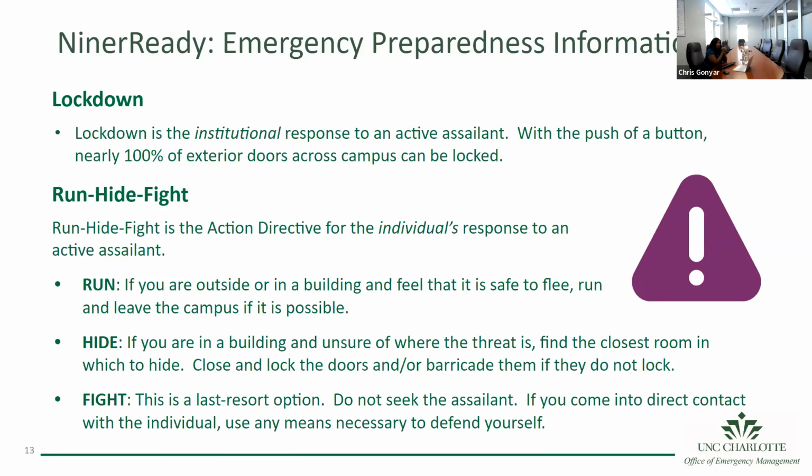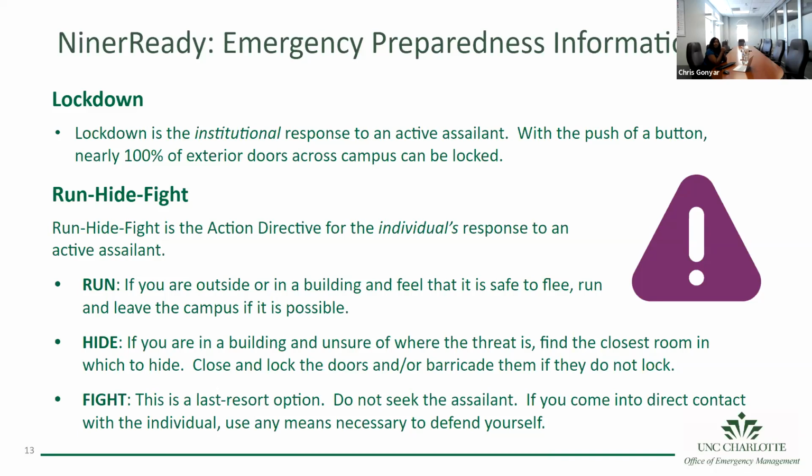And the guidance really recommends that if you're outside and you're not around an assailant, we really want you to evacuate. And that means leave the premises, leave the area, leave the campus if at all possible. If you're safe, please, please, please get as far away as possible.